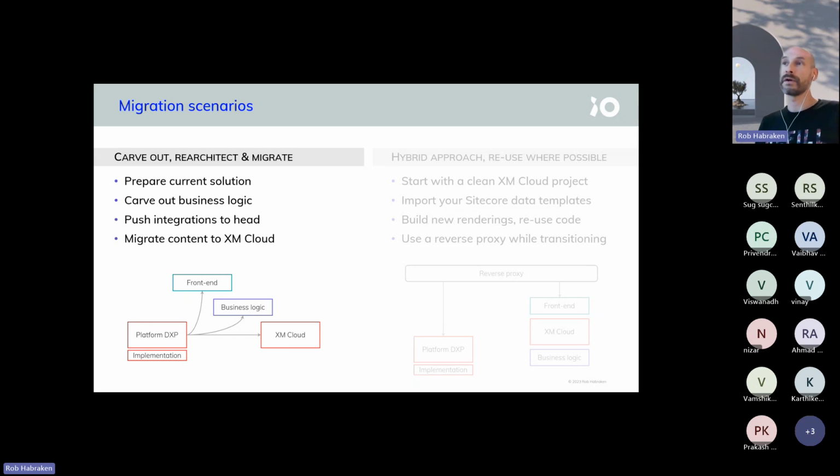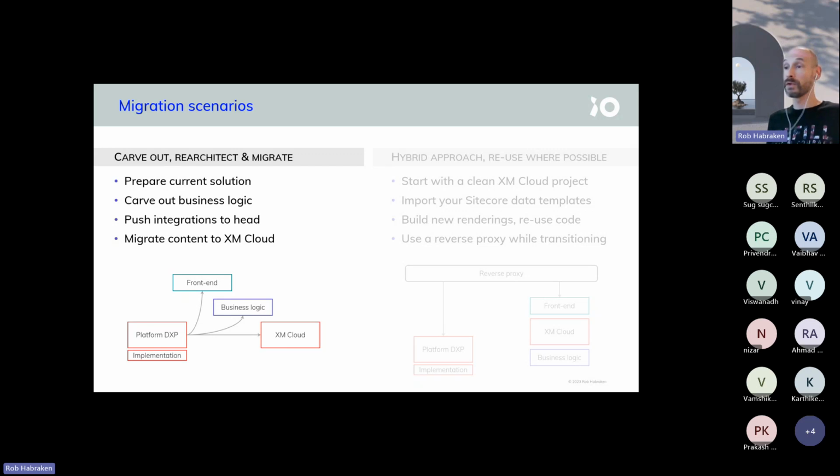So one scenario would be carving out those integrations, that business logic, pushing it to the head for integration level and to separate microservices. And only then, when your platform DXP is back to its core capabilities for XM, can you more easily migrate this to XM Cloud.